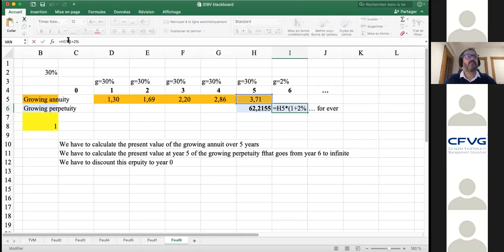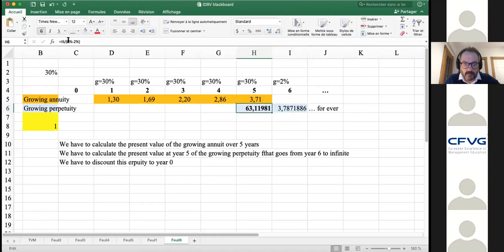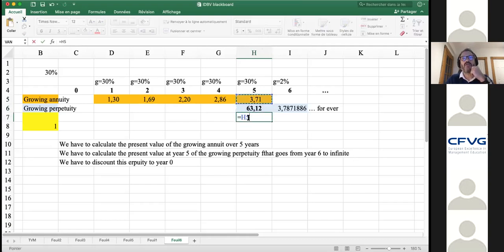Okay, I know why. Yes, that's correct. So this 63.12 is the growing perpetuity at year 5 that represents year 6 to infinity. And so it has to be added to the cash flow of year 5, to calculate the total cash flow that we need to discount.